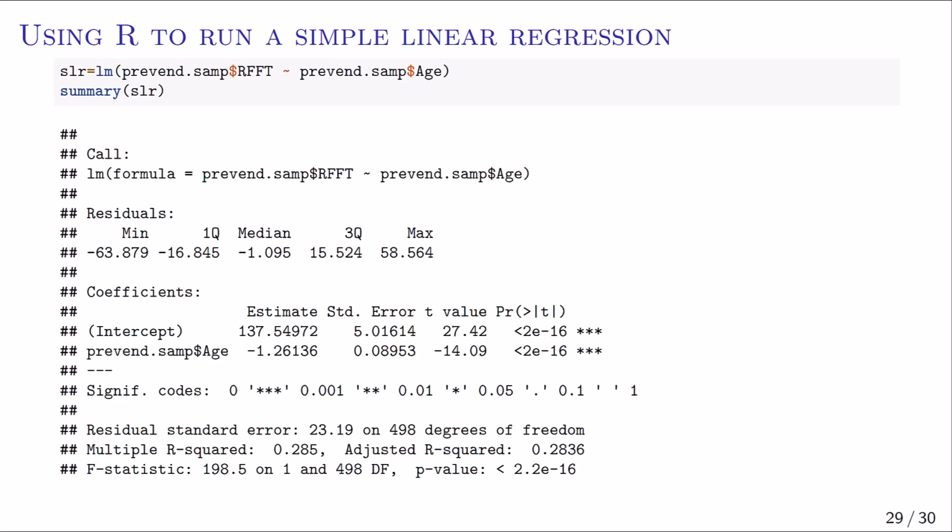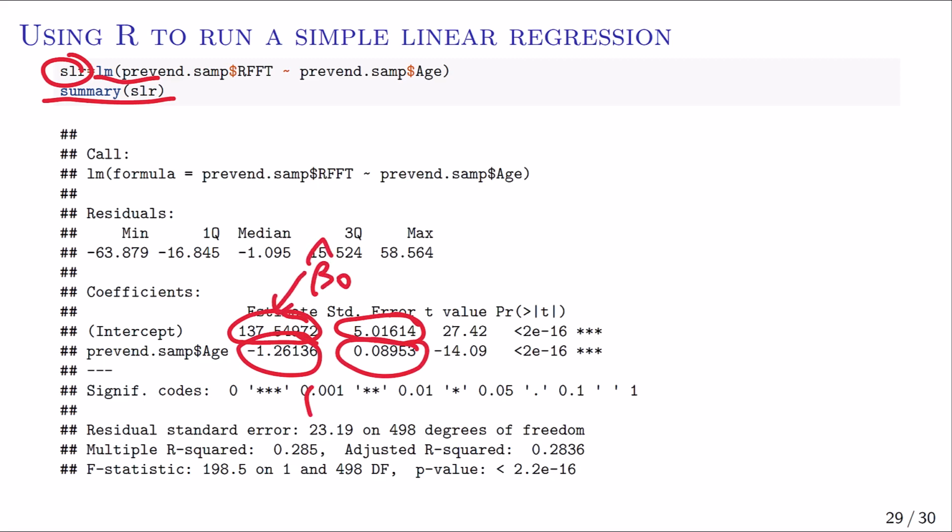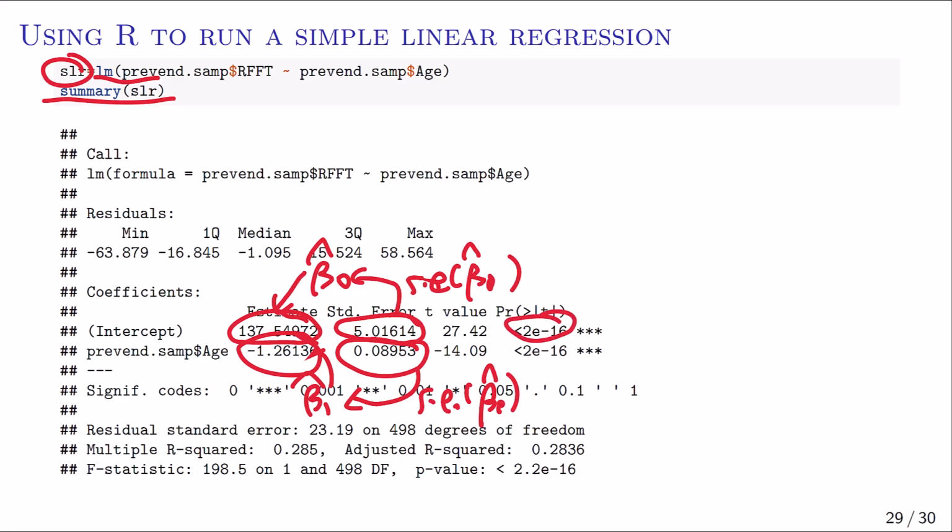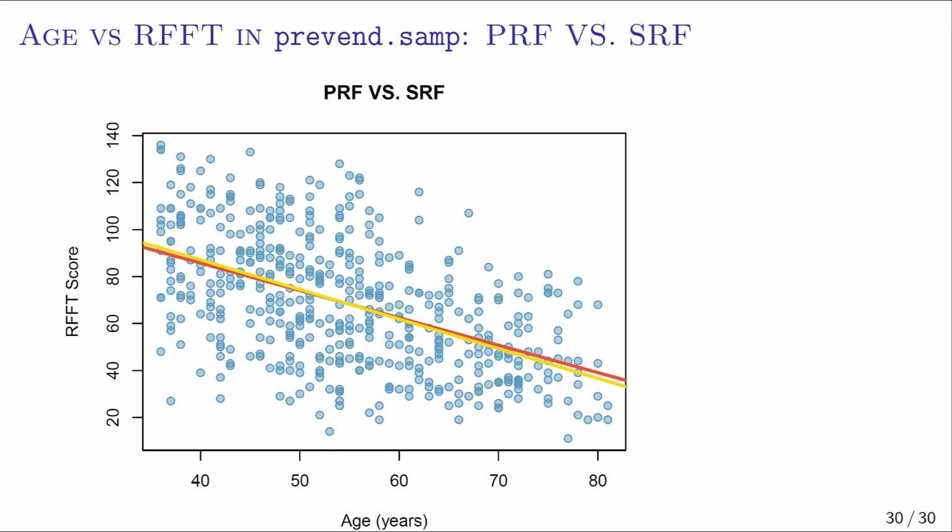And here we just do it in R. We run a linear regression, we call summary, and then we get the estimates and the standard errors for beta naught hat and beta 1 hat, and then the corresponding p-values and t statistic values. So if you use the summary of this linear regression, you get everything we want. That's the final one, okay.